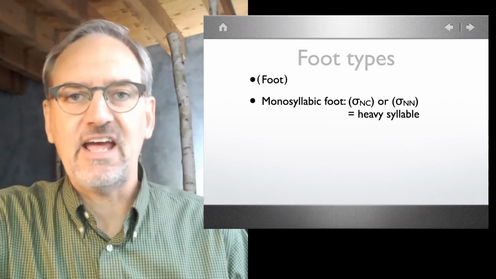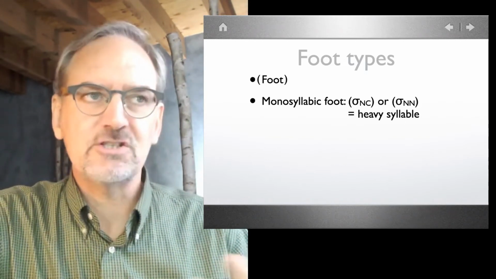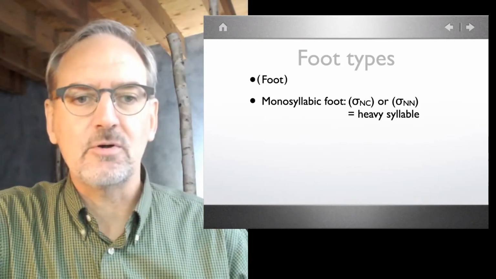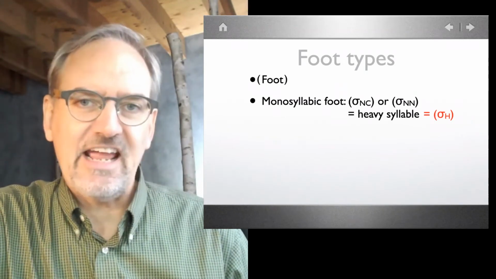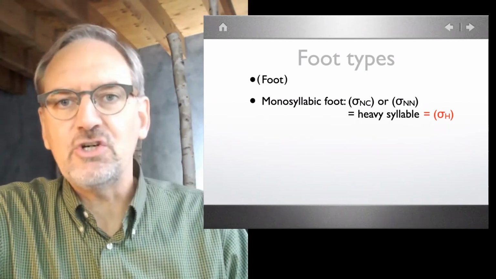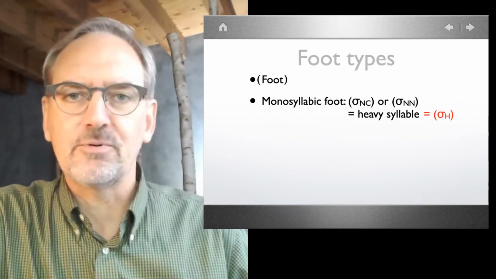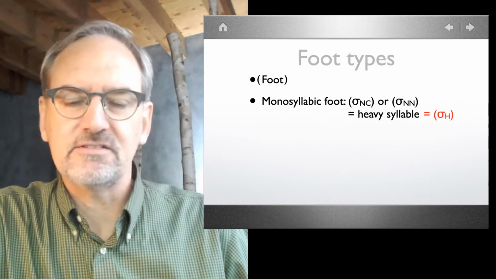Either way, that forms a heavy syllable. So going forward, not so much today, but after test number 1, I'm going to refer to heavy syllables using the letter H, meaning heavy.